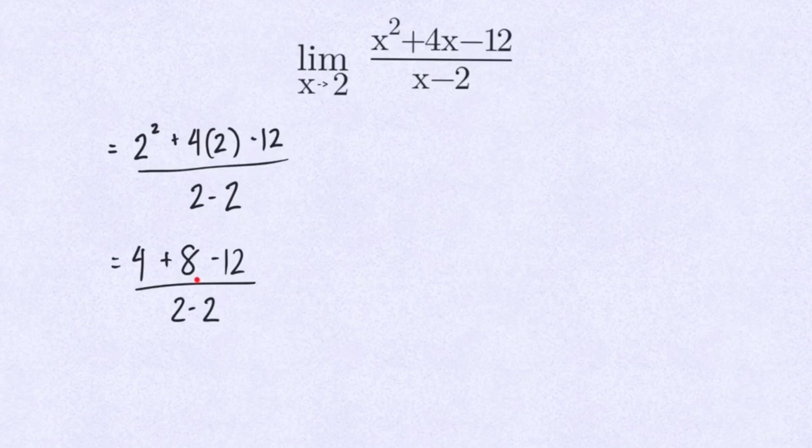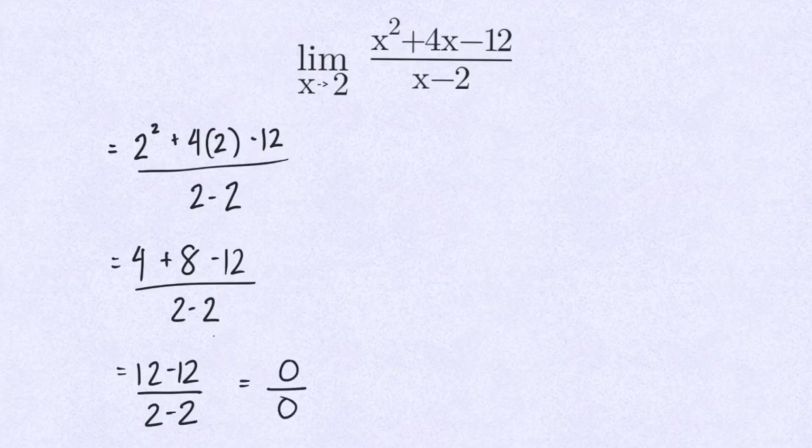Four plus 8 is equal to 12, so 12 minus 12 and 2 minus 2 is equal to 0. This is an indeterminate form.